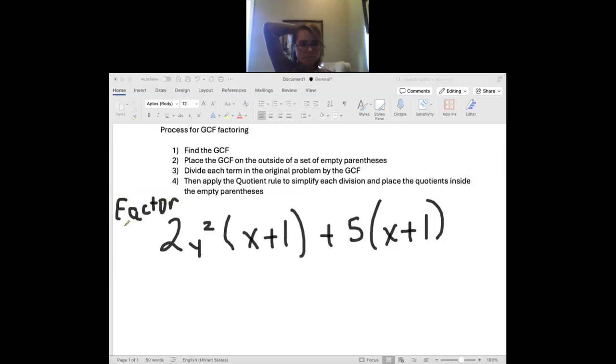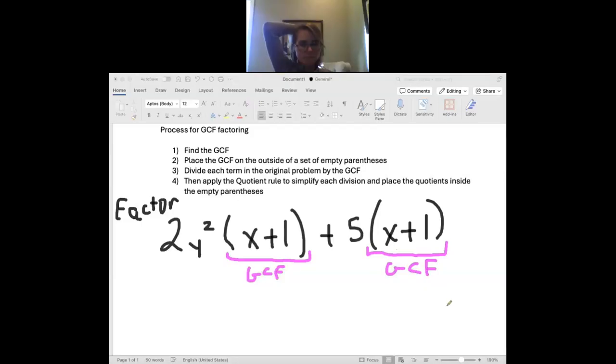Okay, so how do we do this? Well, what you want to observe is, look right here. This parentheses also appears right here. So the cool thing in this particular case is that this x plus 1 is the GCF.